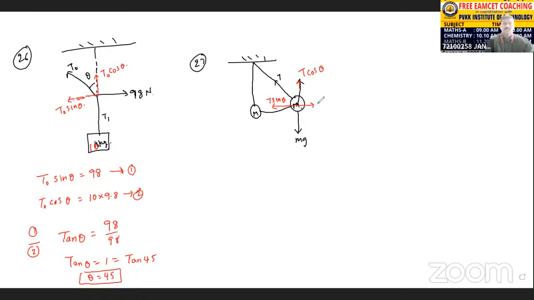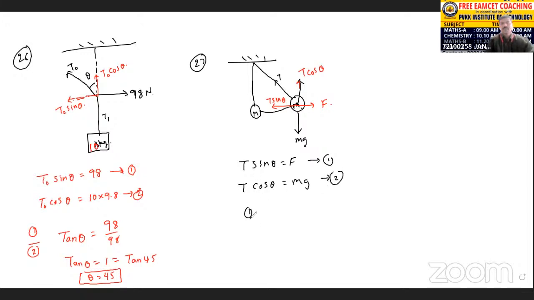This is the pulling force F. Observe that T cos theta is balanced with mg, and T sin theta is balanced with the force F. Assume that these are equation 1 and equation 2.